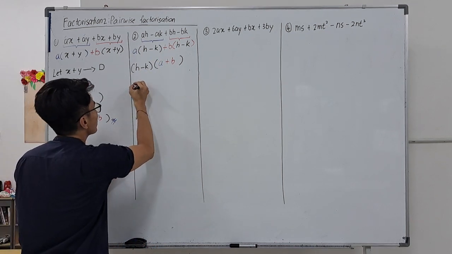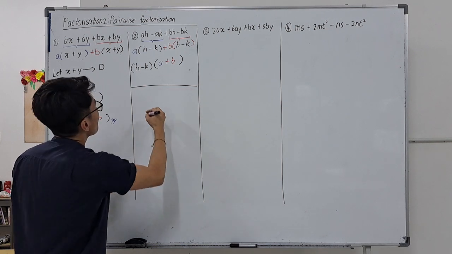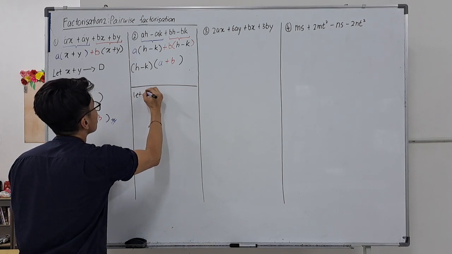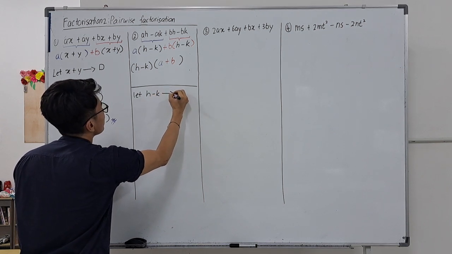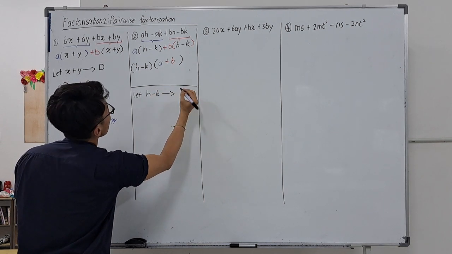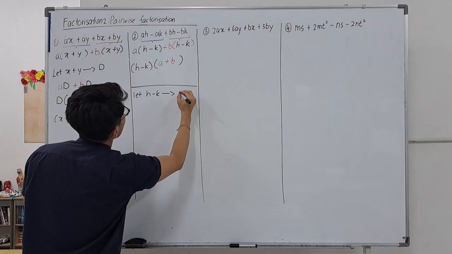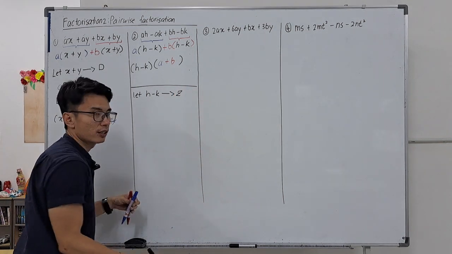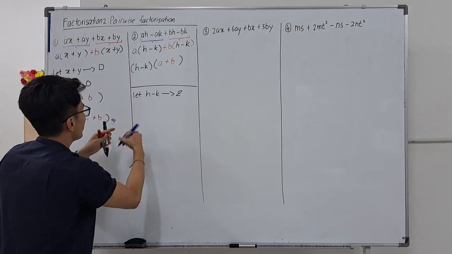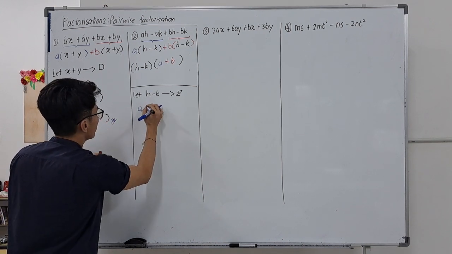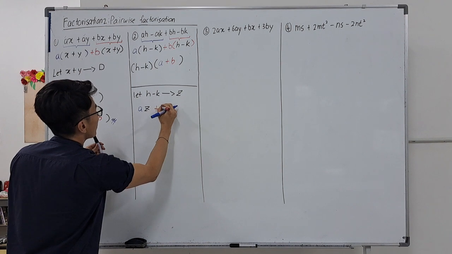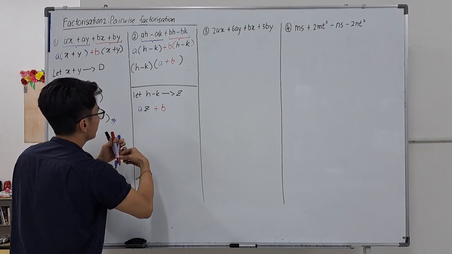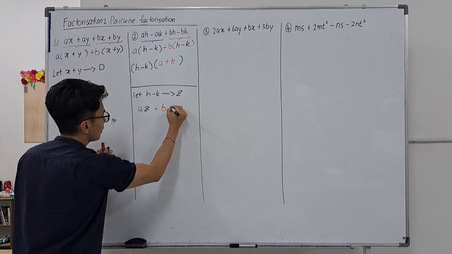For example's sake, I'm going to show you. I can say let H minus K, and let's just say this time we choose the letter Z over here, okay? So I can rewrite this as AZ plus BZ, okay?